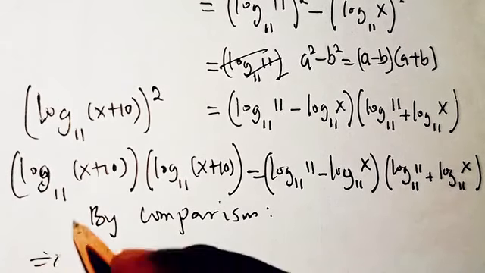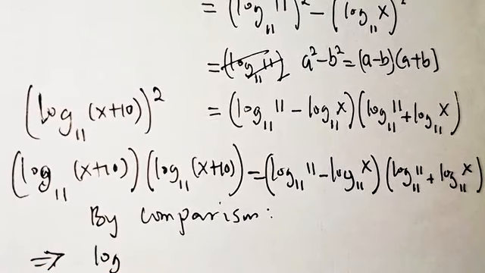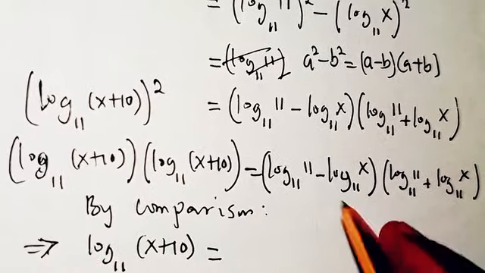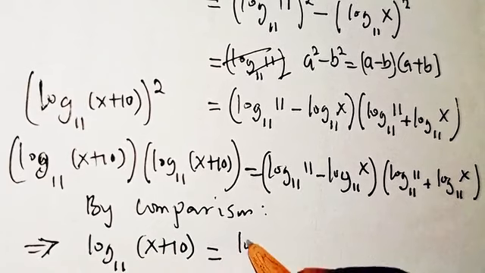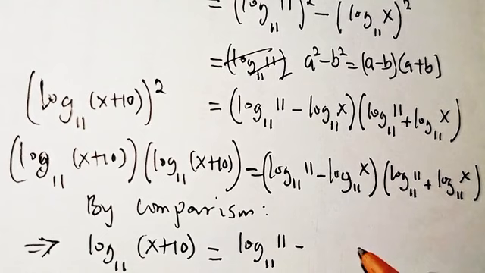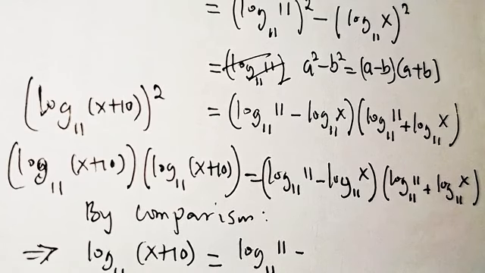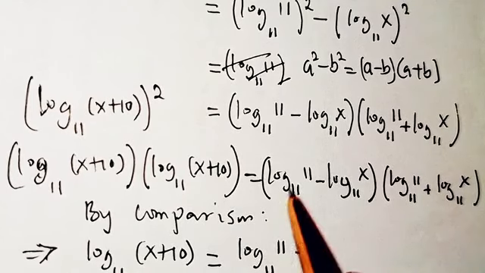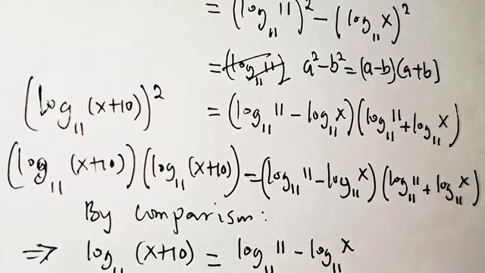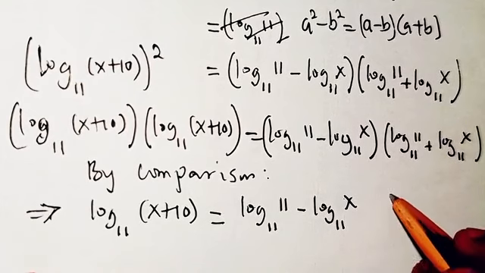So we can have log base 11 of (x plus 10) is equivalent to log base 11 of 11 minus, but before that, let us try to write this one here. Okay, no problem. Let me write log base 11 of x, so the first one, that is the first one.